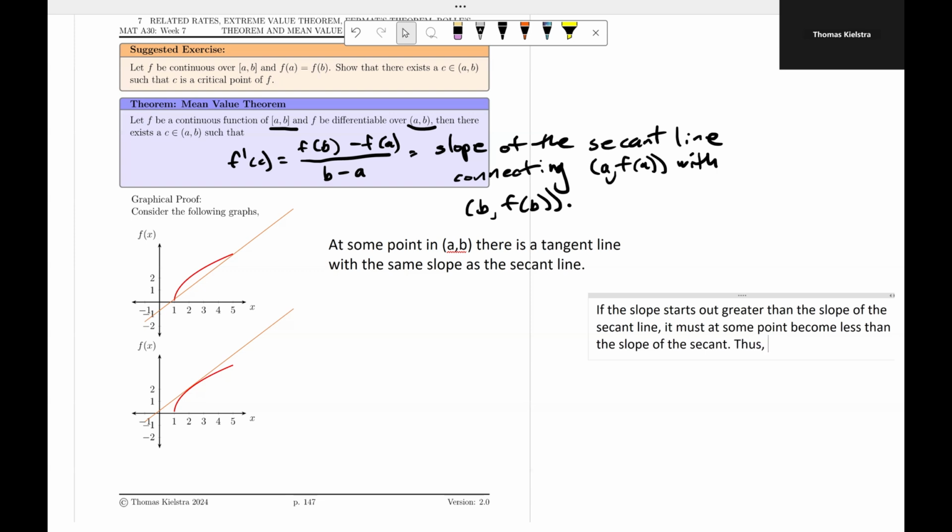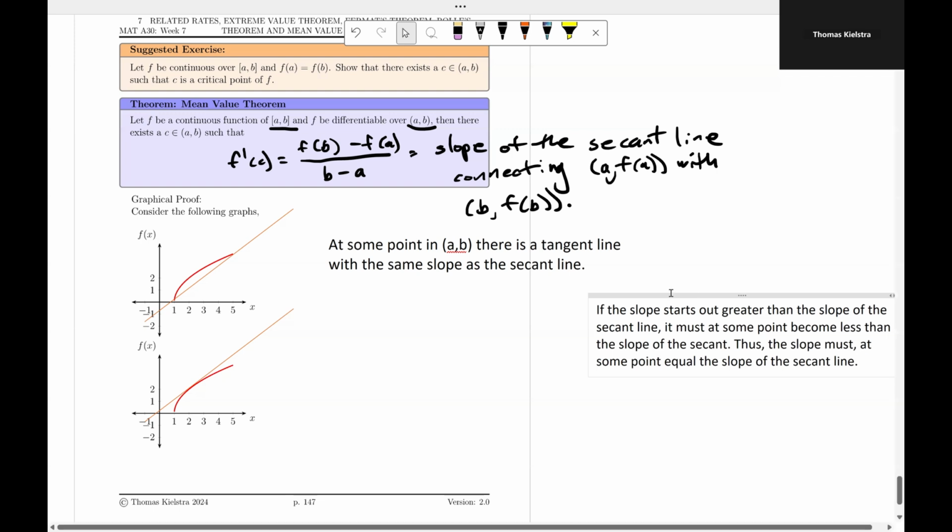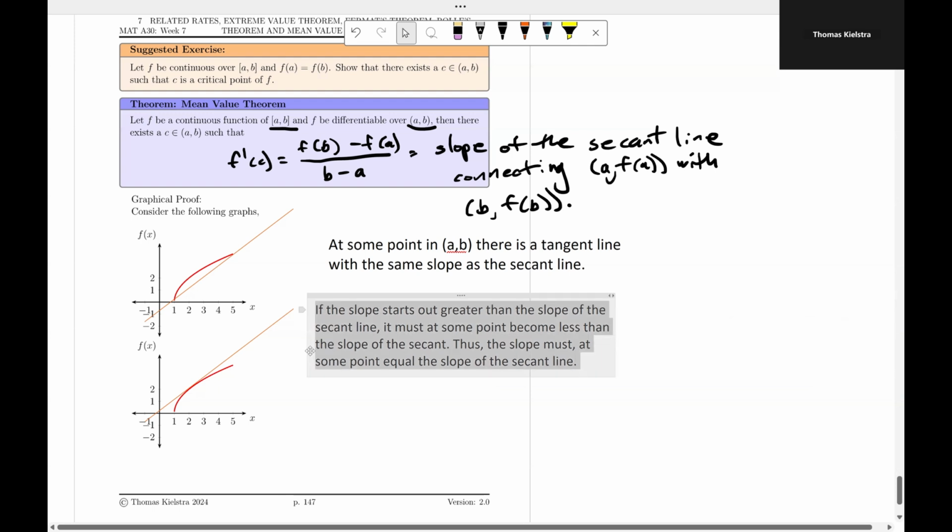Thus, the slope must at some point equal the slope of the secant. So that's the argument with it having a greater slope first.